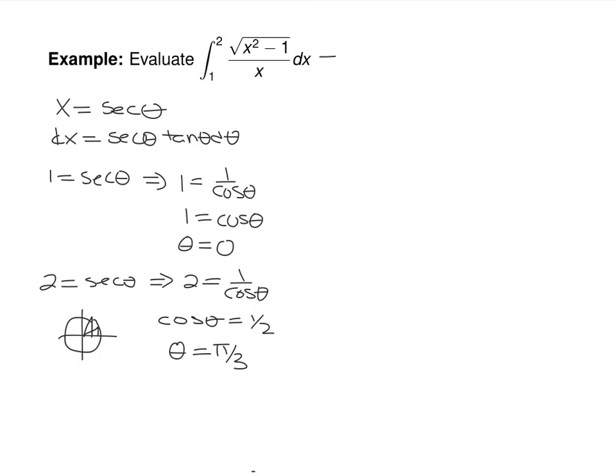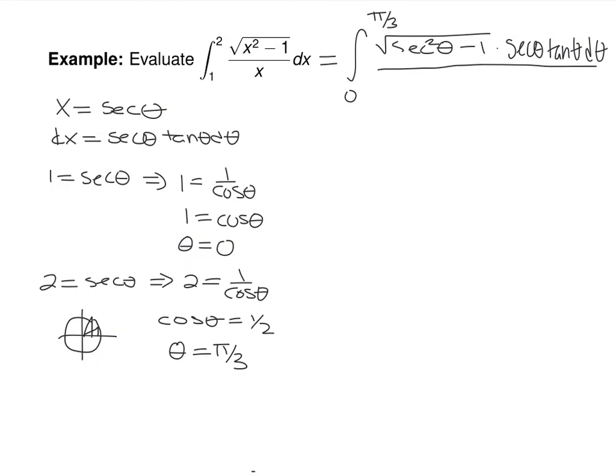So this becomes the integral from 0 to pi thirds. So inside the square root sign, we'll have secant squared theta minus 1. Outside it will have secant theta tan theta d theta, and in the denominator we're going to have a secant theta.